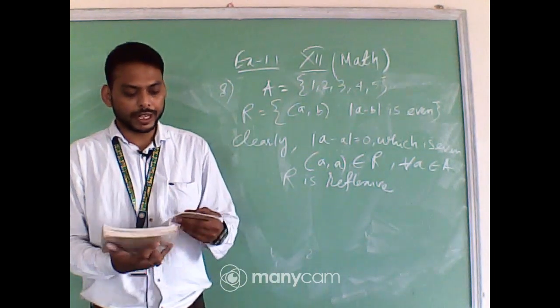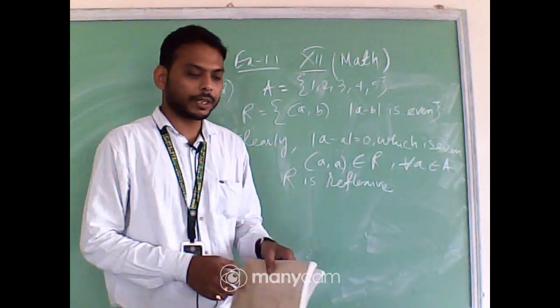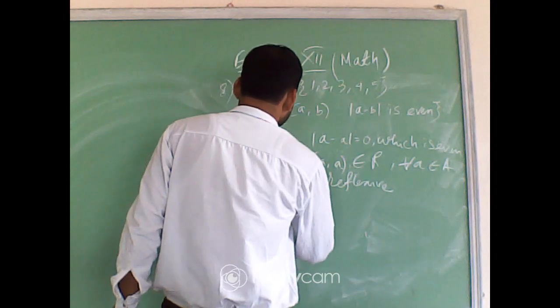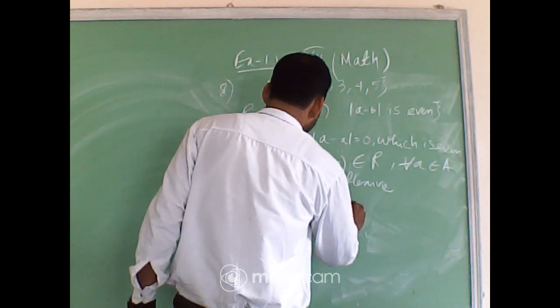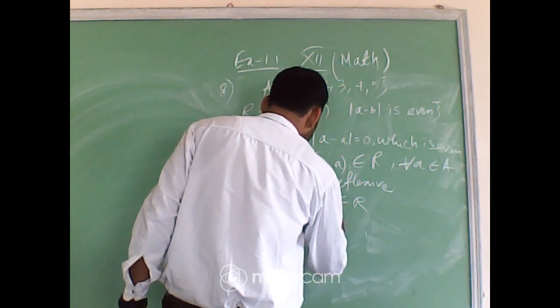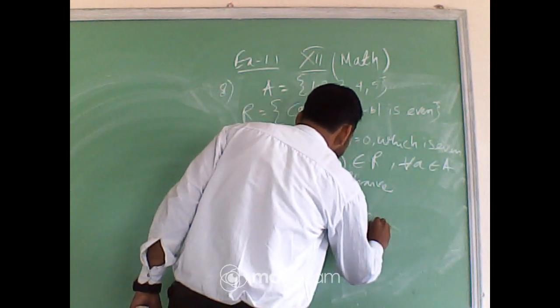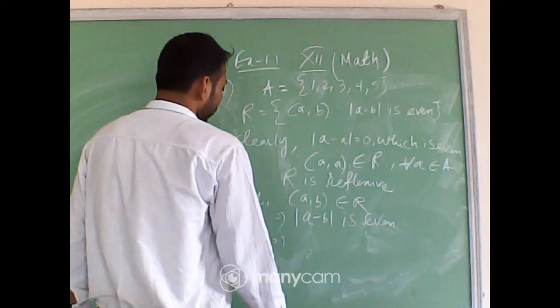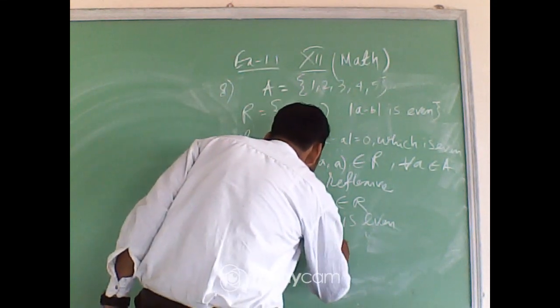Okay, so next we will check the symmetric property. Let the ordered pair (a, b) belong to R, which implies |a - b| is even, which implies you can write here also |b - a| is even.